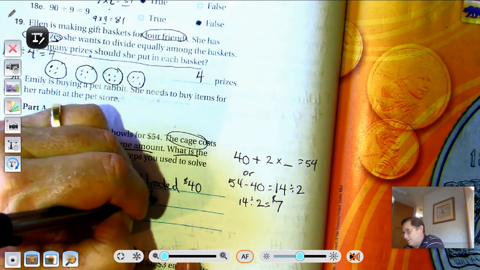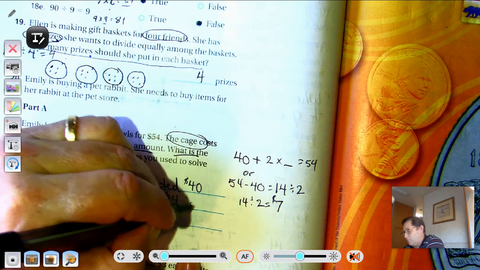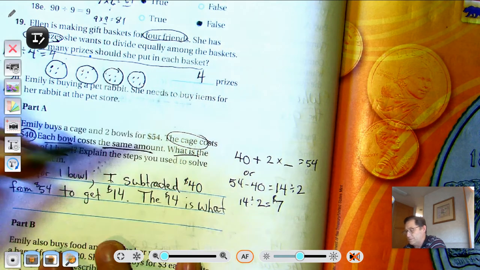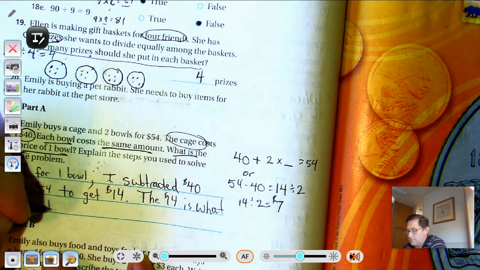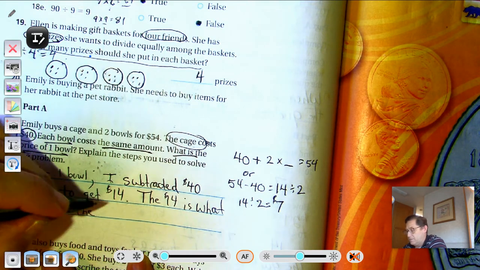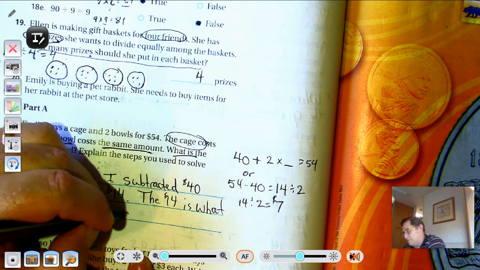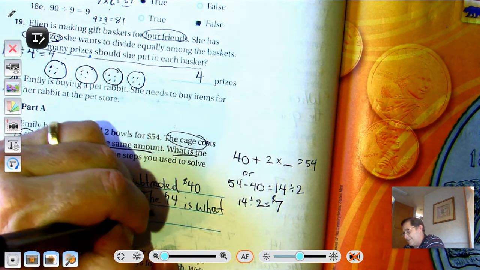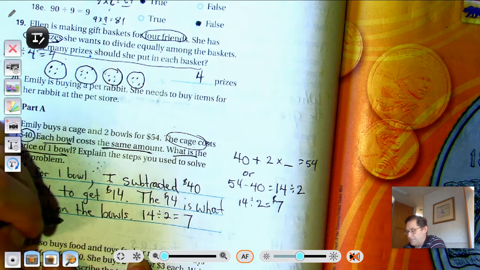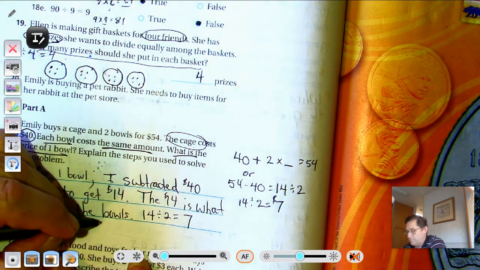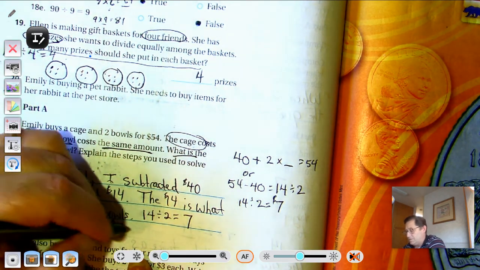The $14 is what was spent on the bowls. $14 divided by 2 equals 7. So each bowl was $7.